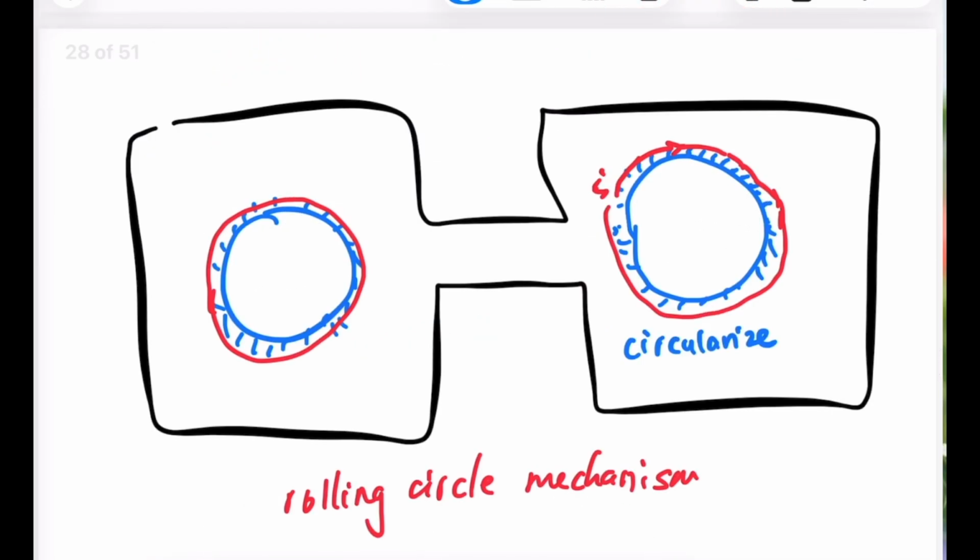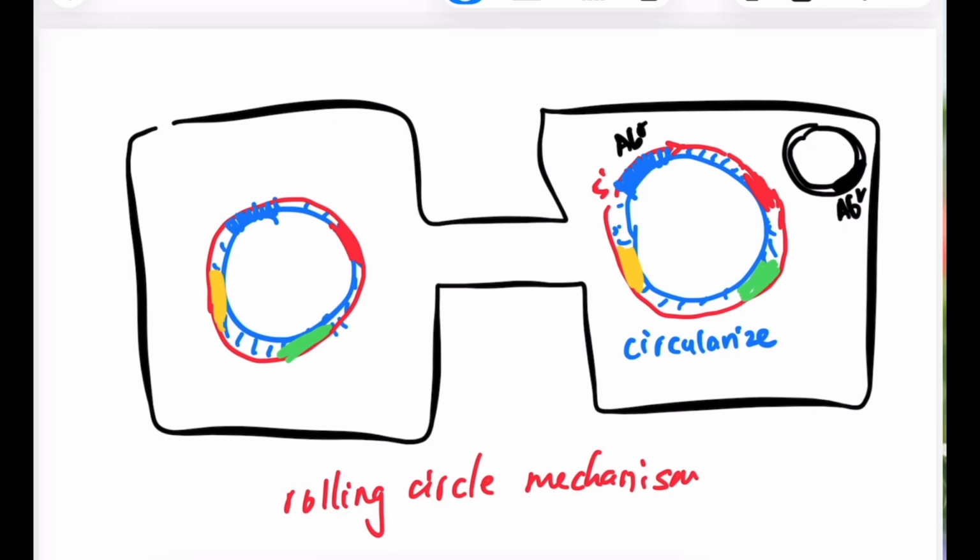Okay, so which means that this cell now has all the genes that the other one has. So that's how they acquire what they previously don't have. Okay, not? So maybe in another plasmid, they have another antibiotic resistant gene.